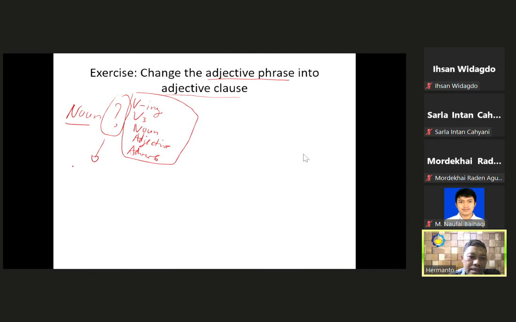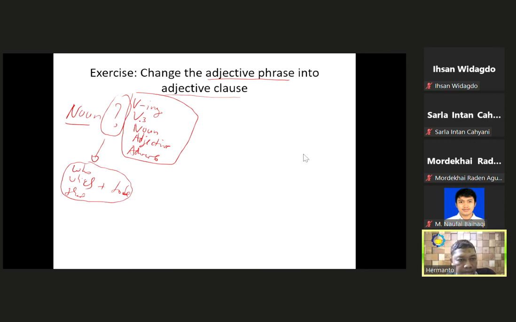The missing part is who, which, that, plus to be. Okay, so this is the missing part that you have to provide in this exercise.